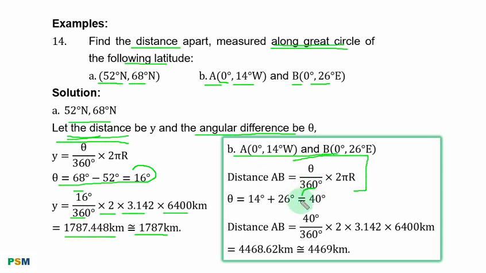When you add, you have 40 degrees. Distance AB is therefore equal to this. You replace all the parameters with what they stand for in the formula. When you simplify, you have these results. To the nearest whole number, distance AB is approximately equal to 4,469 kilometers.